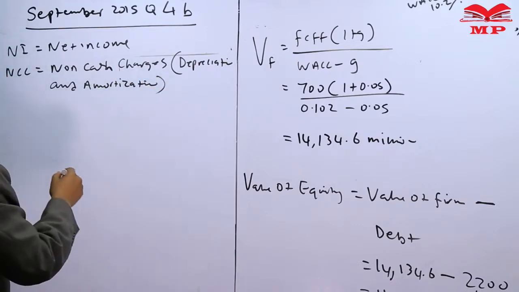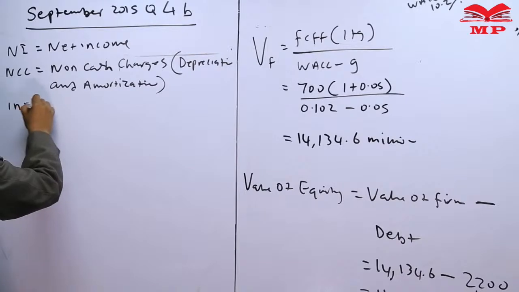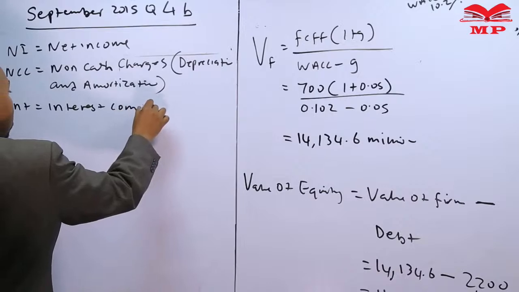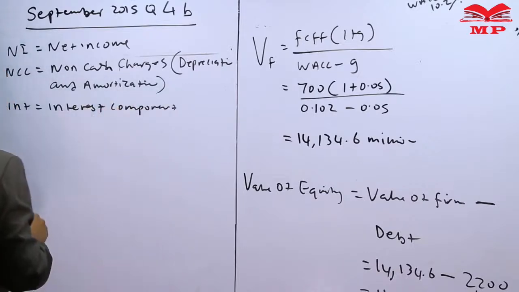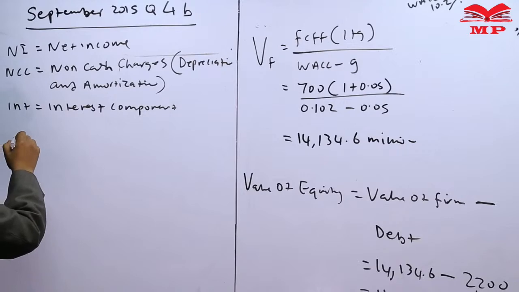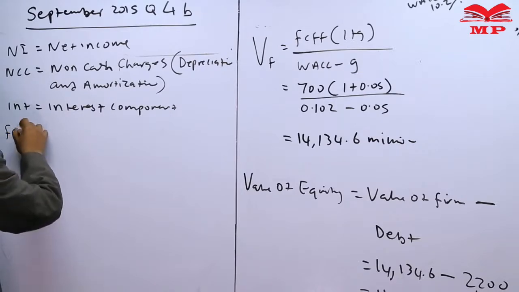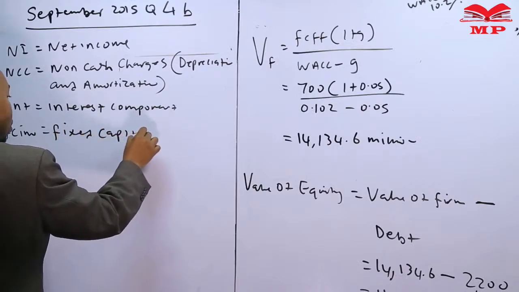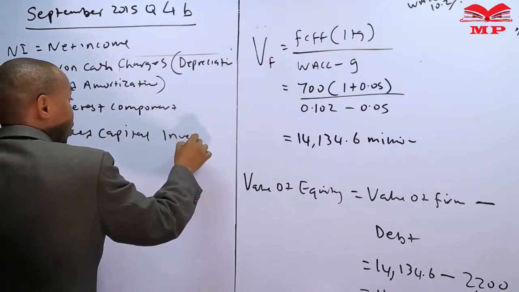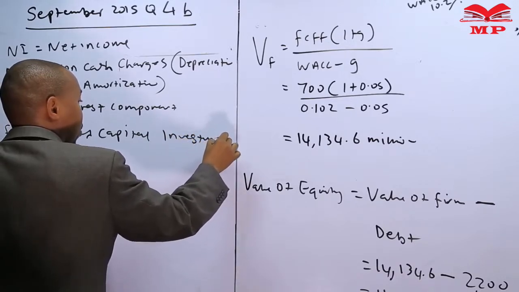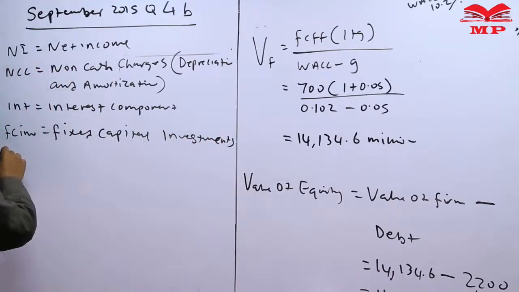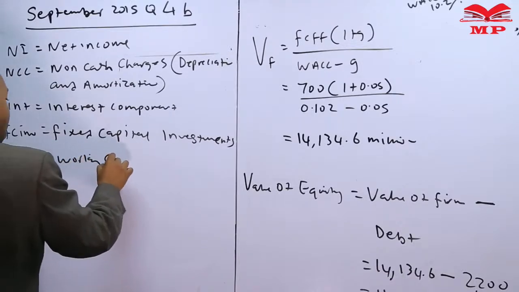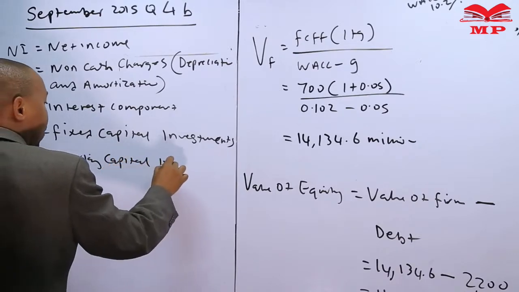Then INT, the interest component. Then we also have FC INV, fixed capital investments, then WC INV, working capital investments.